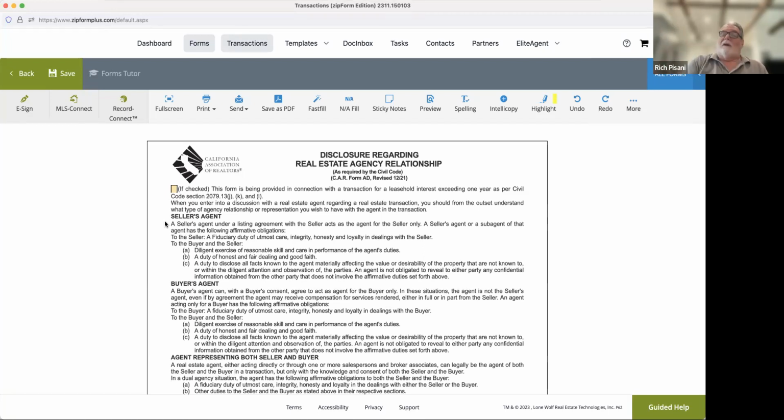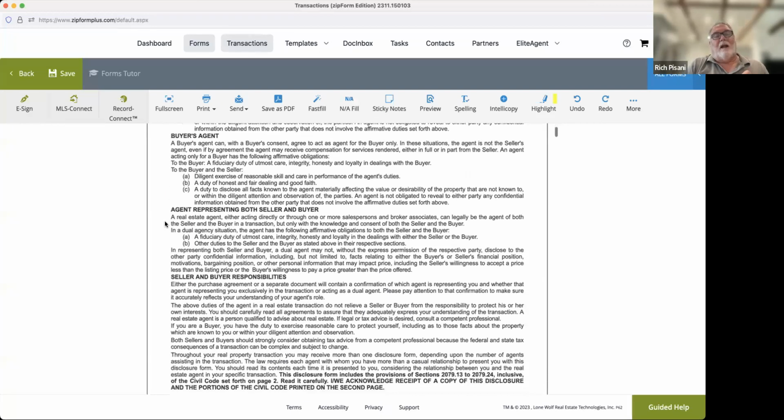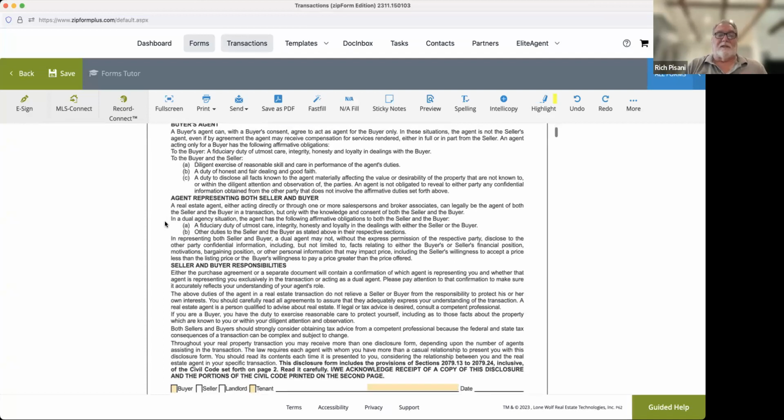The disclosure regarding real estate agency is just that, a disclosure that there are several different types of agency relationships: a seller's agent, a buyer's agent, and an agent representing both buyer and seller. This is required by law. The first page is basically explaining the different types of agency relationships and what the buyer's and the seller's responsibilities are.